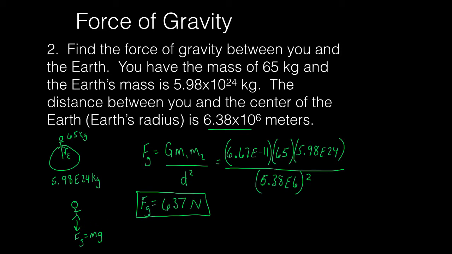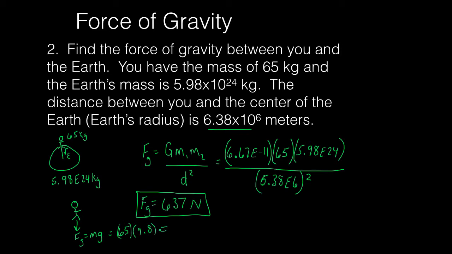And so let's just quickly back this up and see if we can get the same answer. So the mass of you was 65 kgs, and I'm just plugging the numbers in here, times the acceleration due to gravity, which is 9.8 meters per second squared.